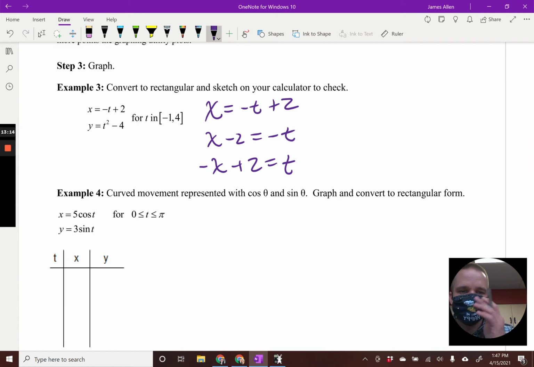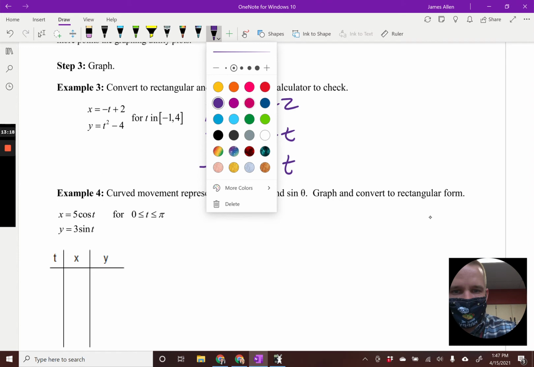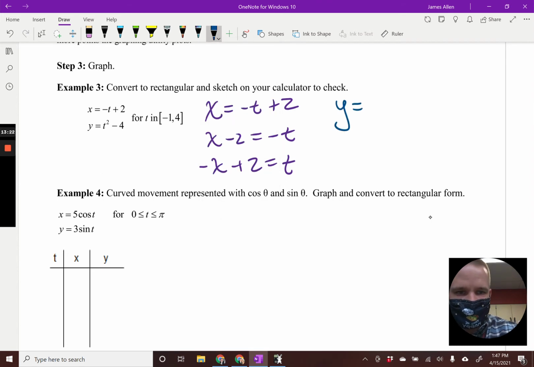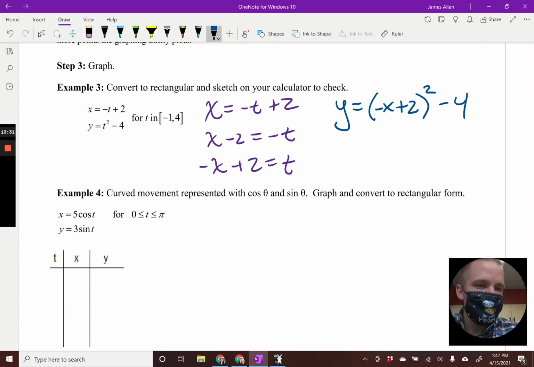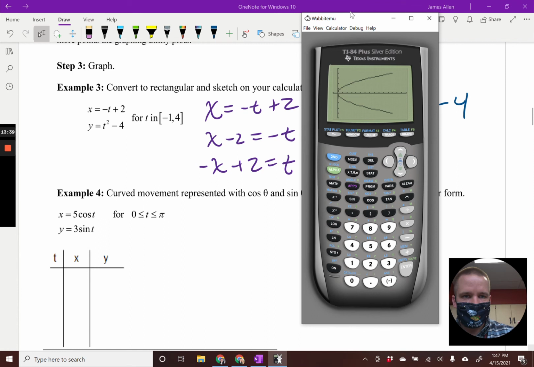So that's going to get substituted in, and I'll have y, I'll change colors here, y equals (-x plus 2) squared minus 4. All right. Very good. So it looks like we're going to have a parabola of sorts. So let's go ahead and plug that into our graphing calculator.